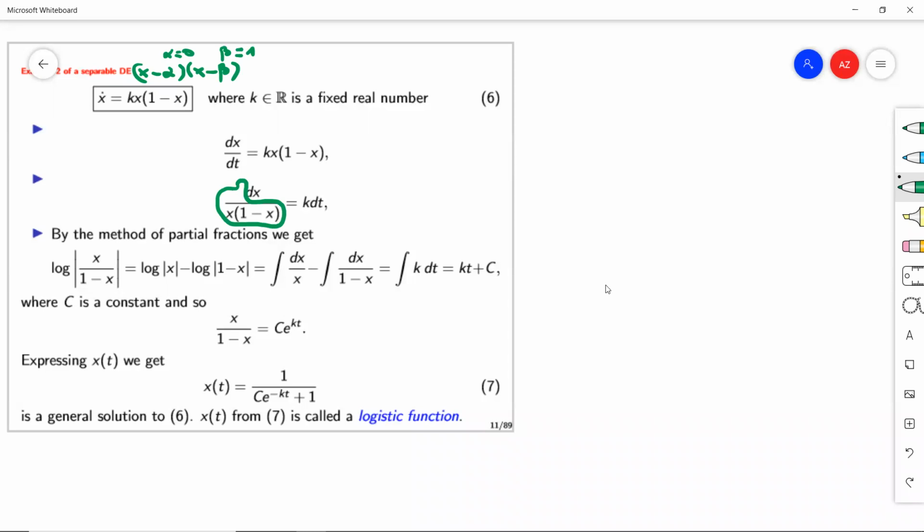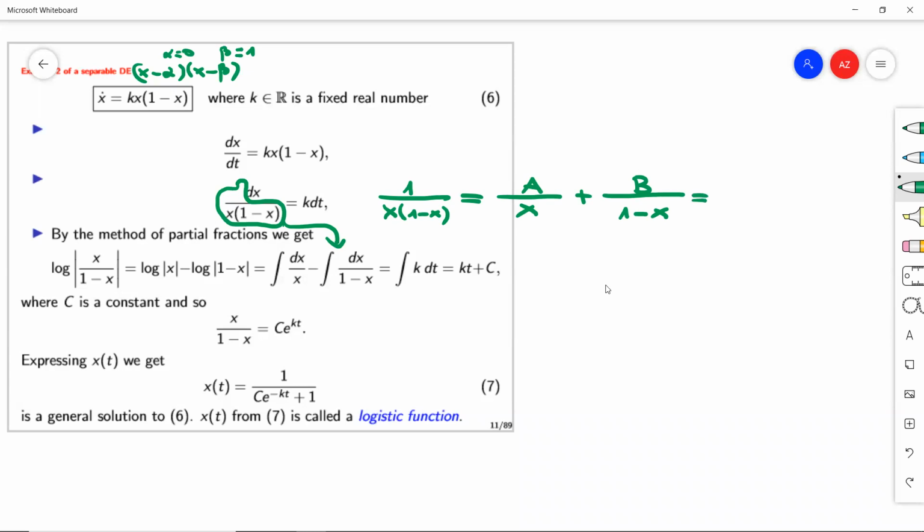What we do is partial fractions. So 1 over x times 1 minus x is some constant A over x plus some constant B over 1 minus x. And we only need to determine the constants A and B.